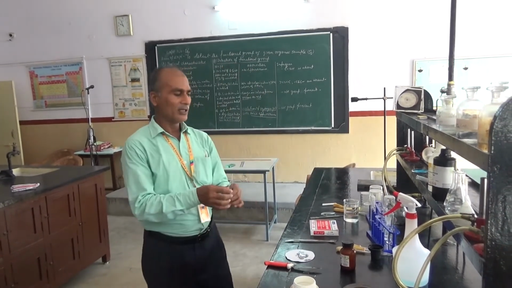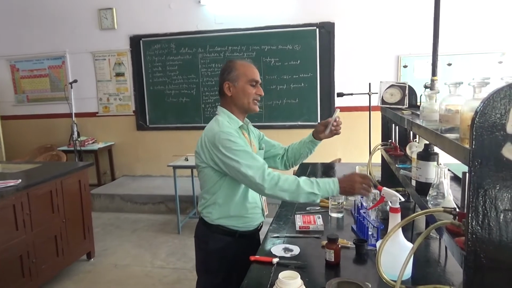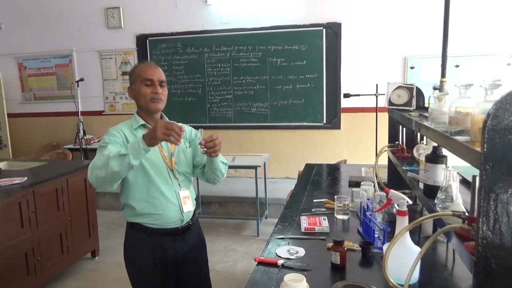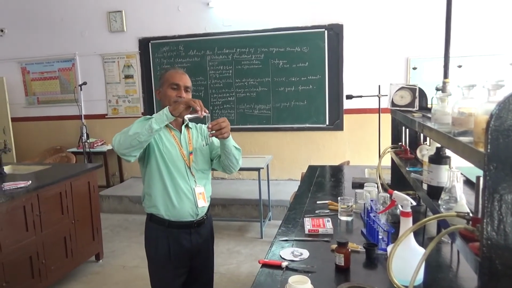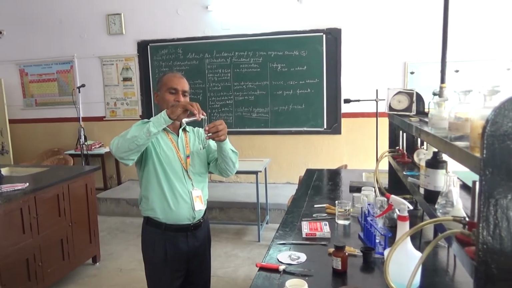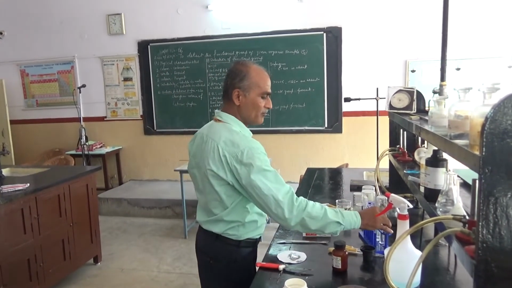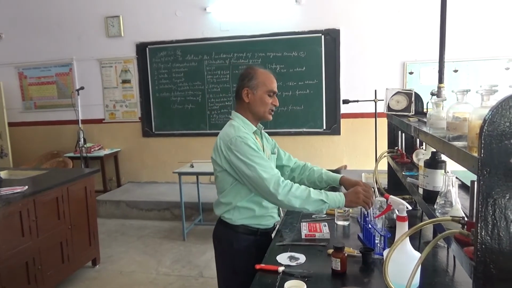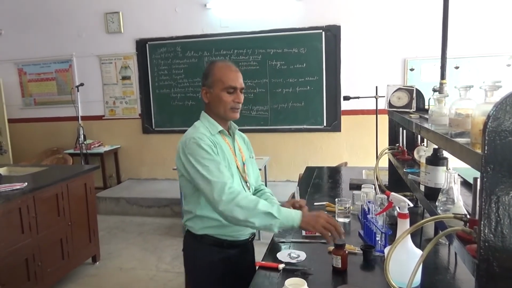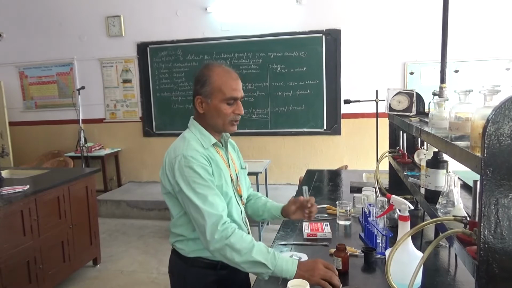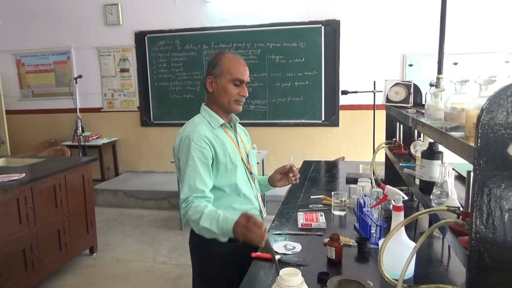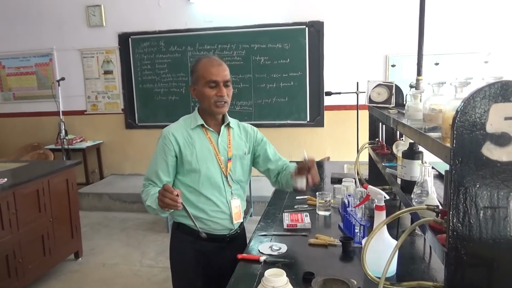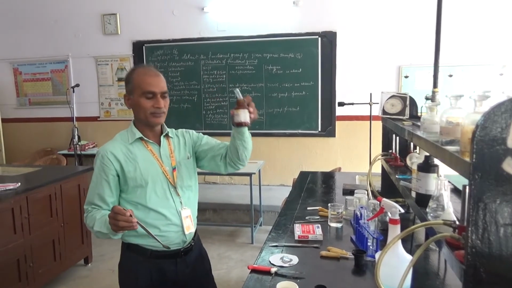Now we will take again a dry test tube and add organic sample, and before proceeding with the process you have to make ceric ammonium nitrate solution. This is your ceric ammonium nitrate.